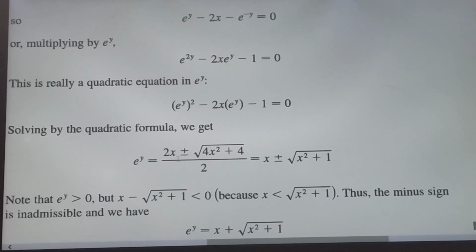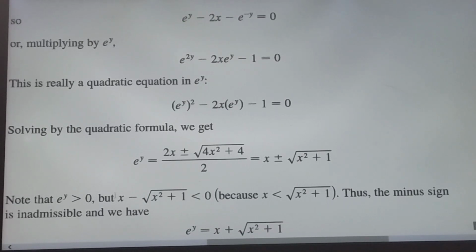Then you get e to the power y is equal to x plus or minus square root of x squared plus 1. So if it's e to the power y, you must note that e to the power y must be greater than 0.